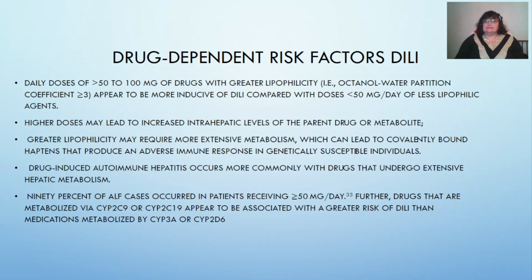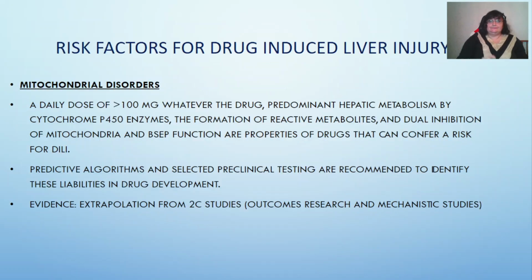Further, drugs that are metabolized via cytochrome 2C9 or cytochrome 2C19 appear to be associated with a greater risk of DILI than medication metabolized by cytochrome 3A or cytochrome P2D6. Mitochondrial disorder.